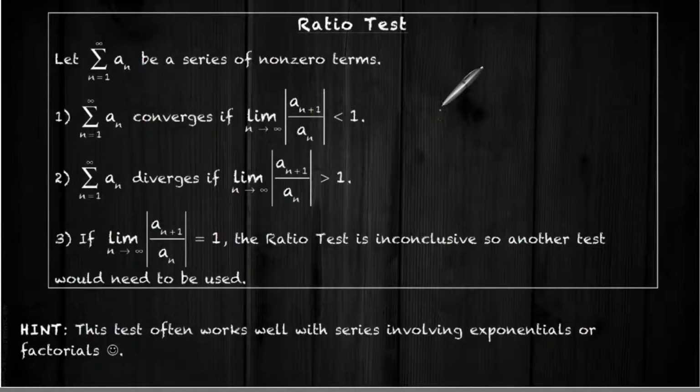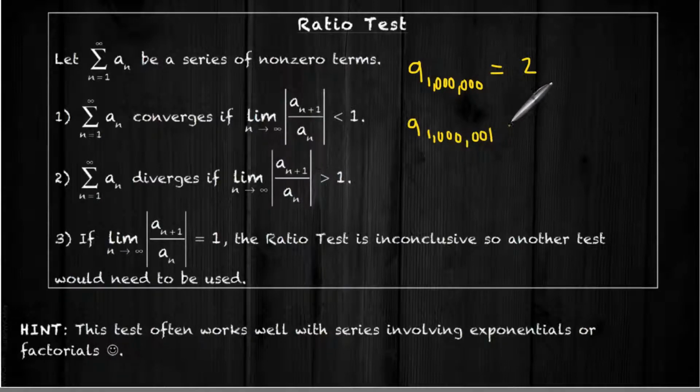So let's see if this makes a little bit of logical sense to you. Let's say, for sake of argument, we find the millionth term. And let's say that term value is, make it easy, 2. And then we find the million and first term, and let's say that that is 1.